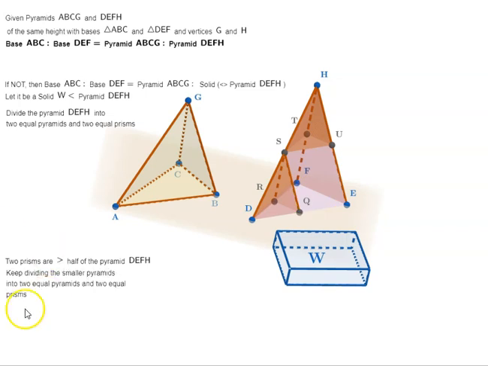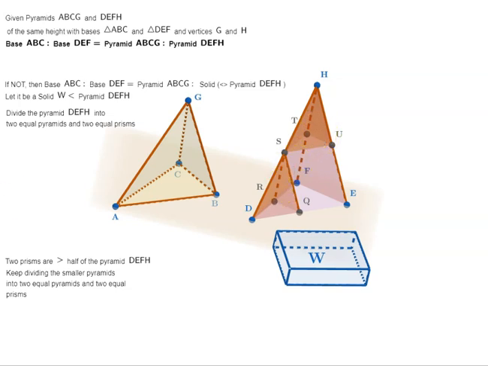We don't stop here. We keep dividing the smaller pyramids into two equal pyramids and two equal prisms. So DQRS and STUH, we divide them further into two equal prisms and two equal pyramids.